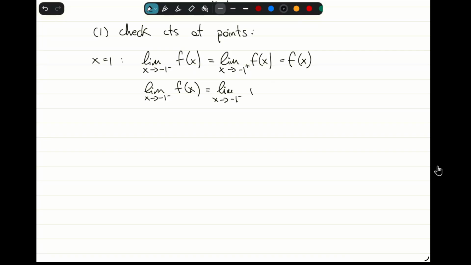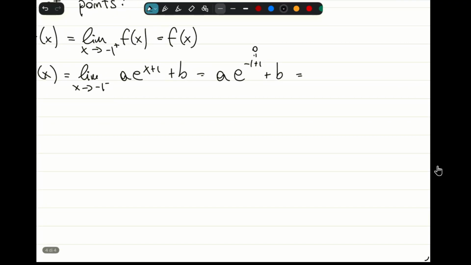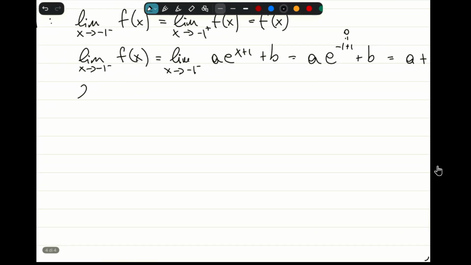So here we have a e to the x plus 1 plus b. We just substitute -1 for the x. So we're going to have a e to the -1 plus 1 plus b. You know that this will be equal to 0, so e to the 0 is just 1, and this is a plus b.